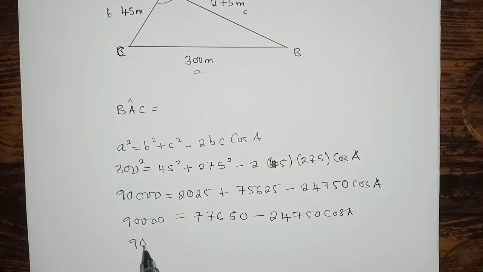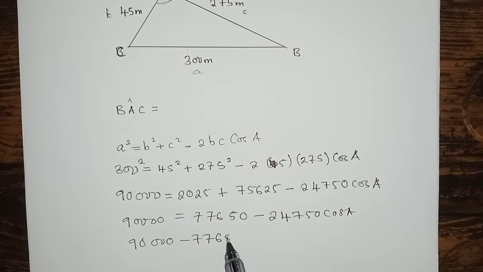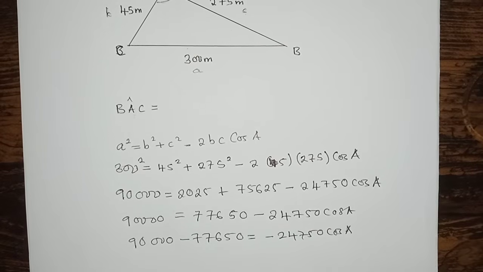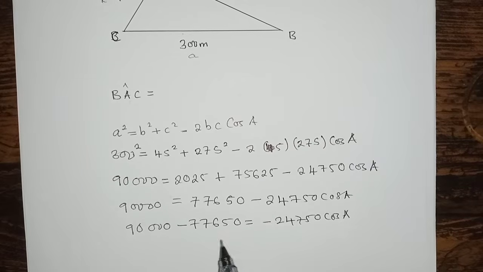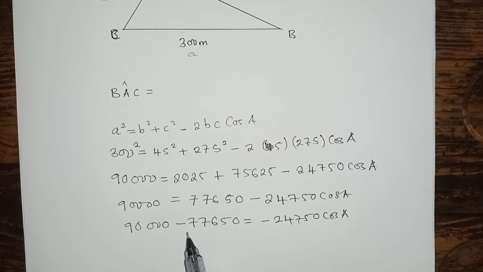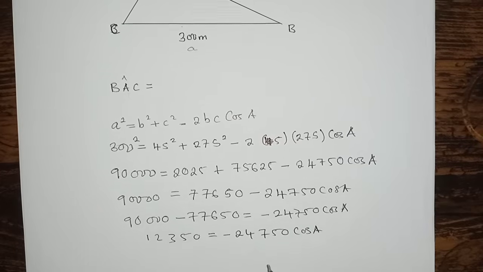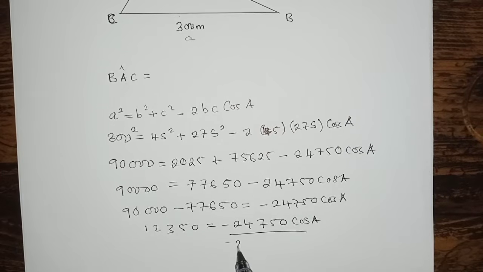So we have 90,000 minus 77650 is equal to negative 24750 cos A. Okay, so here when we subtract, we're getting 12350 is equal to negative 24750 cos A. So we divide.